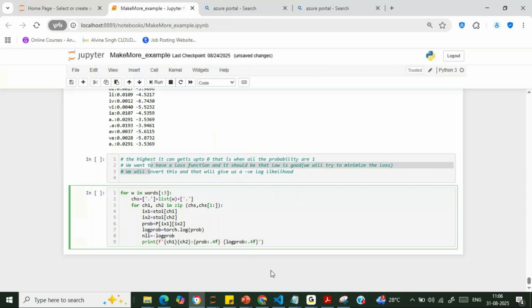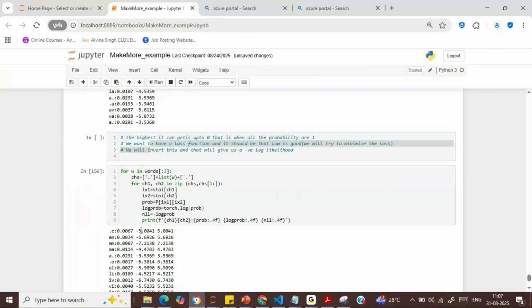And what I can have over here is this negative log likelihood as well, NLL, and let me print this.